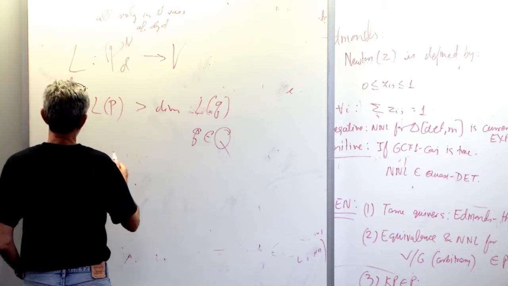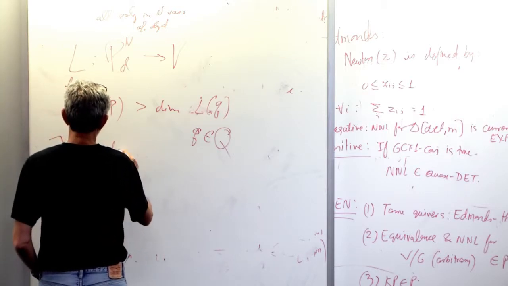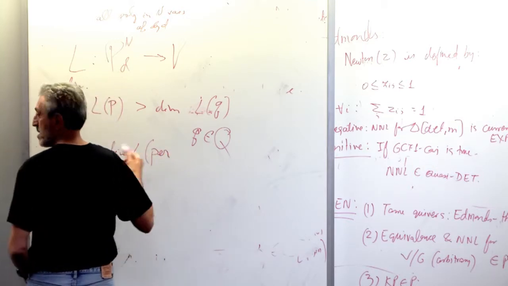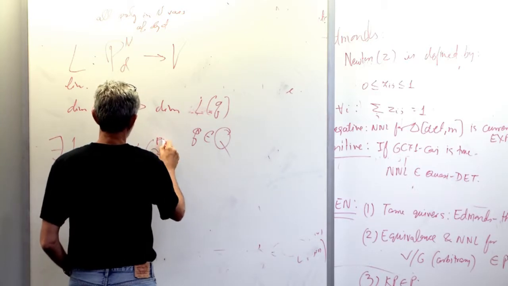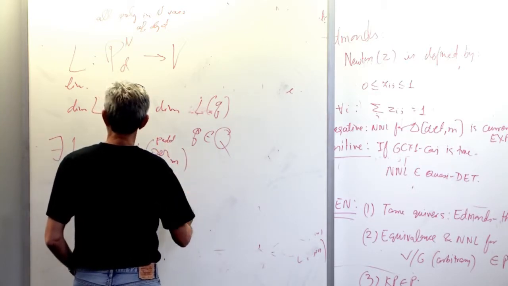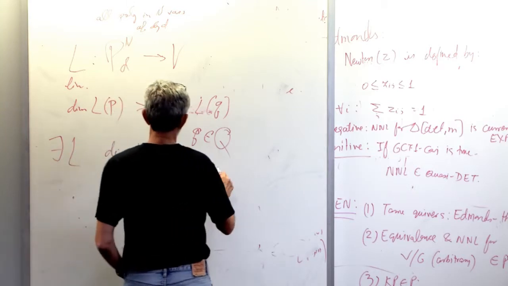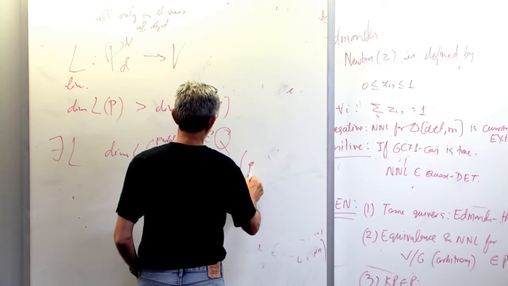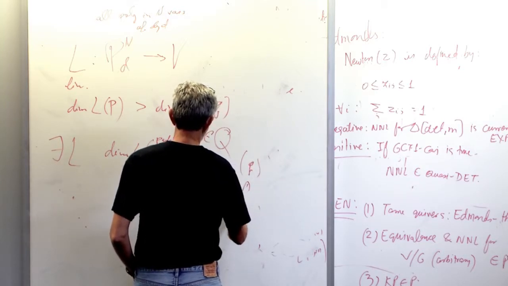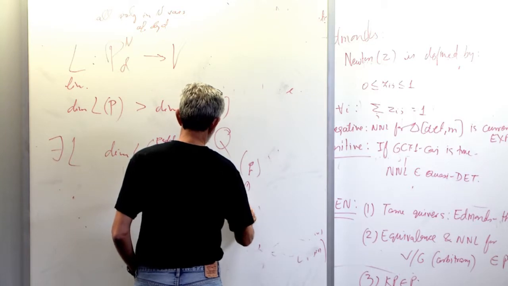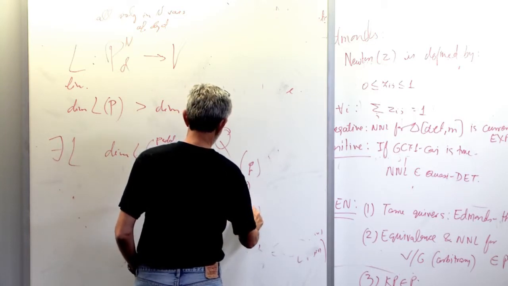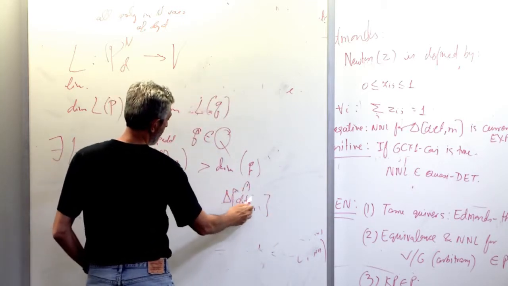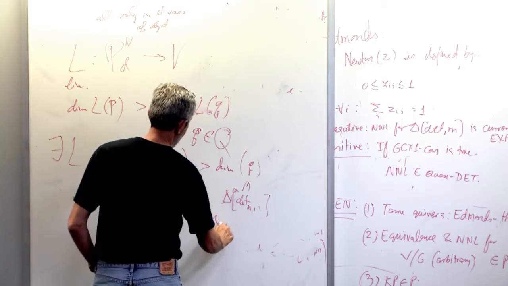Does there exist an L for which the dimension of L of the permanent, or actually you need the padded permanent, is bigger than the dimension of anything in the orbit closure of the determinants on n variables or n polynomial?